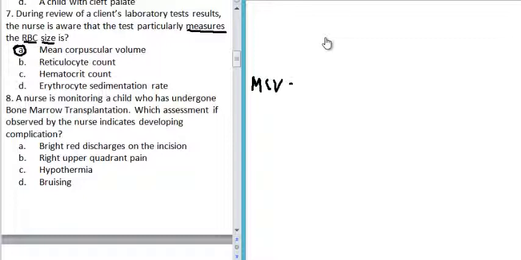MCV will measure the size of your RBC. Normal size is between 86 to 91 micrograms.